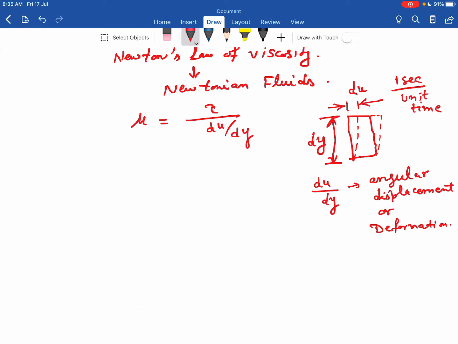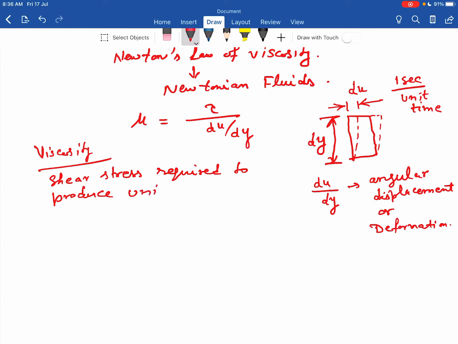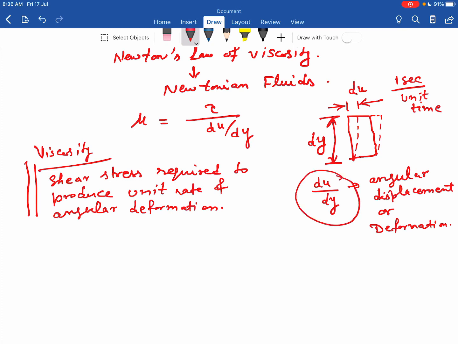So viscosity can be defined as the shear stress required to produce a unit rate of angular deformation. So that is mu.